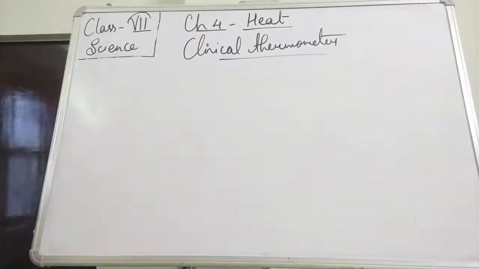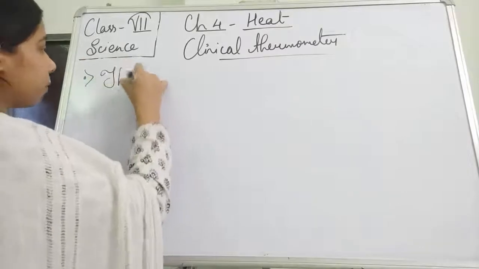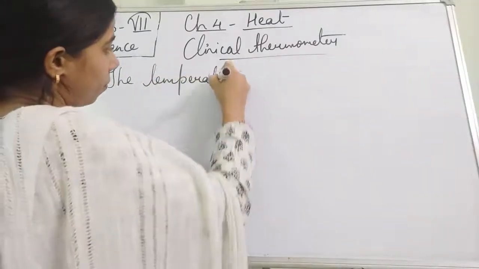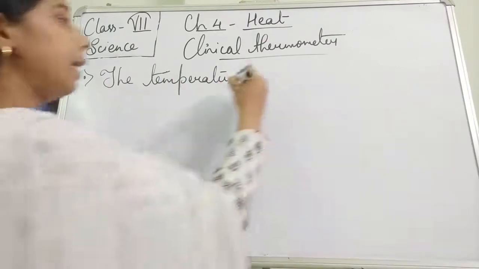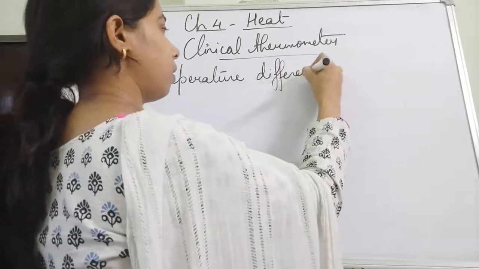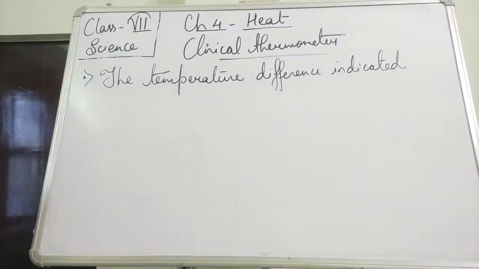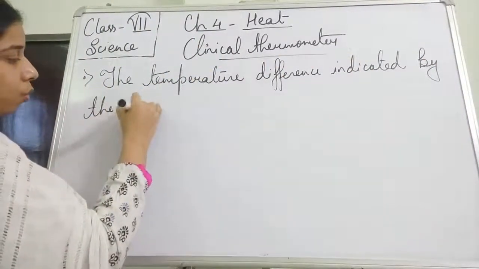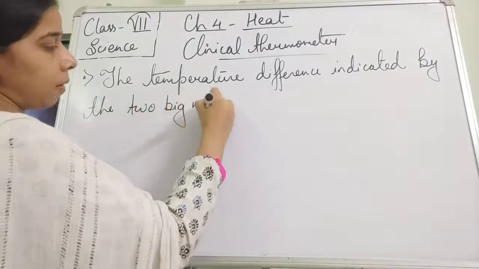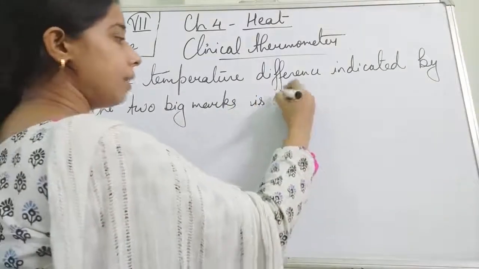So, we can write it here: the temperature difference indicated by the two big marks is 1 degree.